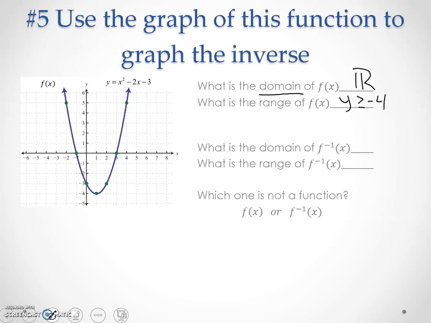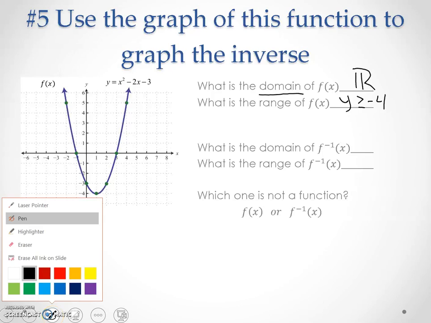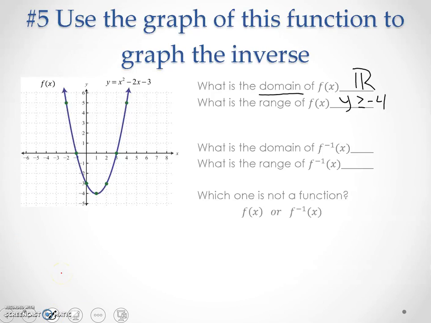It has to be greater than or equal to -4. Well, if I were to look at the domain of the inverse of this function, I really wouldn't even need to find the inverse. What I could do is take a look at all the inverse points. So for example, we have this point right here, which is the point -2, 5. And if I switch those around, I'd have 5, -2. That's going to be mapped with that point right there.